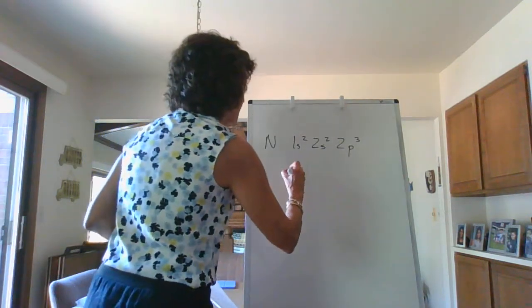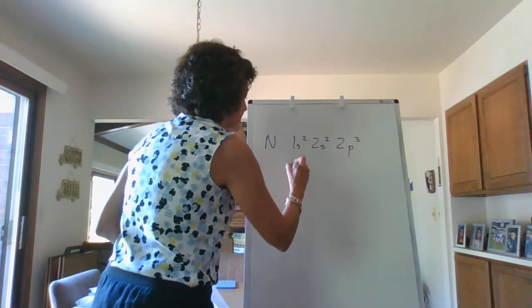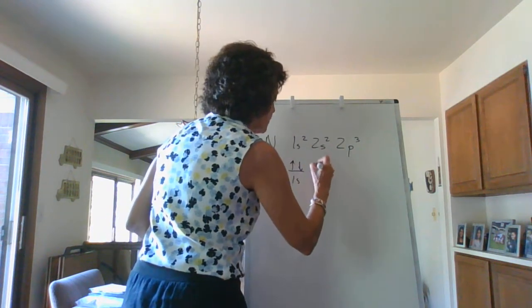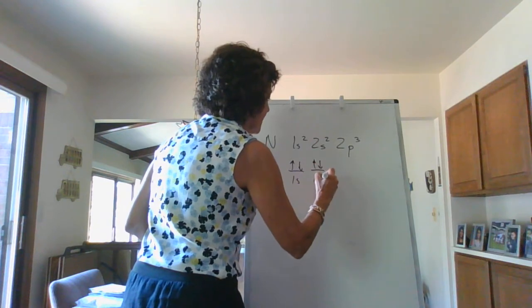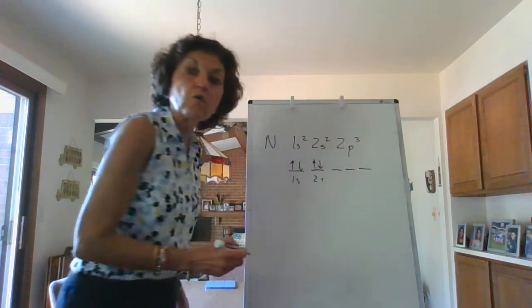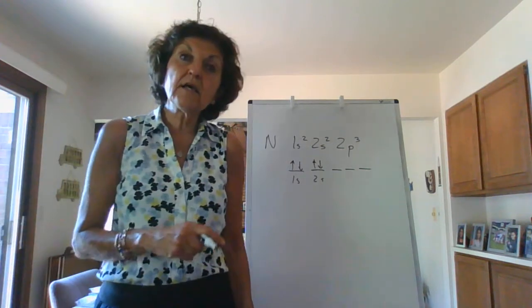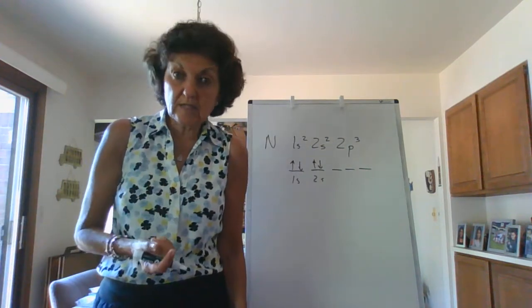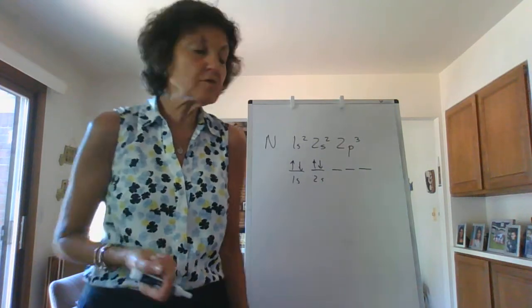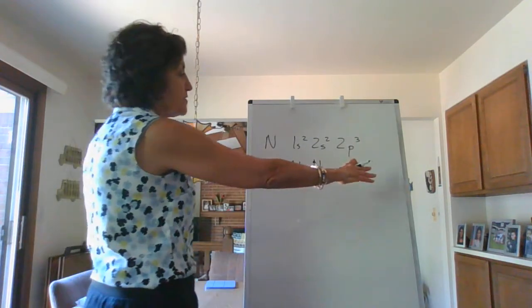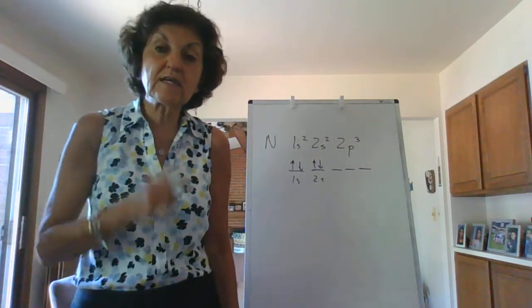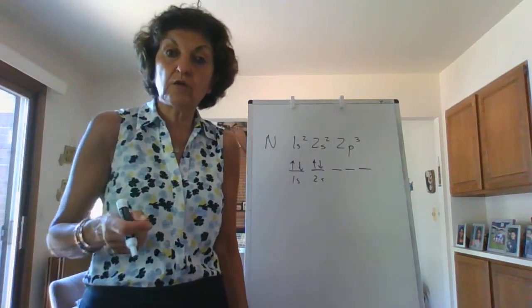Well, I put one line for the 1s and put electron up, electron down, and then one line for the 2s, electron up, electron down, and then for the p, you'll always have 3 orbitals. Remember how we said s has 1 orbital, p has 3 orbitals, d has 5 orbitals, and f has 7 orbitals. So you're going to put all 3 orbitals there. And where do I put the 3 electrons? Remember Hund's rule that says single, single, single before you double up?